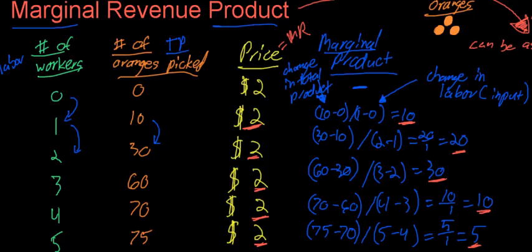The reason that marginal revenue product is important is that if we get to choose how many workers to hire, we want to hire the number of workers where they're basically earning us as much as we have to pay them. And we'll see how that works out in later videos, and that's the whole point of learning this to start. So just to reiterate, marginal revenue product is equal to marginal product times marginal revenue, and it is the increase in revenue that can be associated with a 1 unit increase in an input.